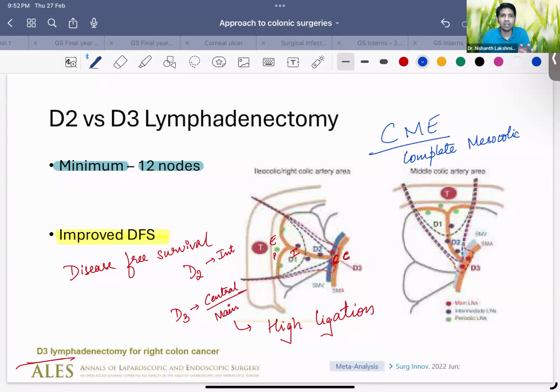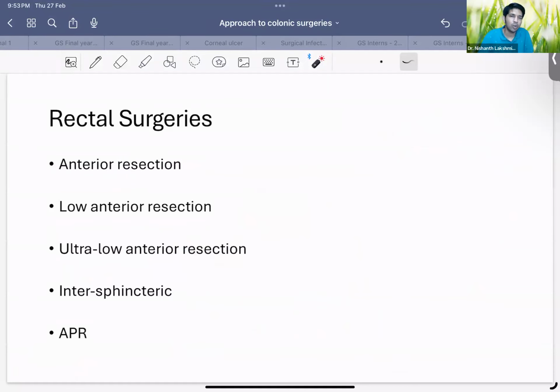Circumferential mesorectal, that is TME, total mesorectal excision. There's nothing called circumferential for the colon. That is for the rectum. For colon, they are nowadays calling it a complete mesocolic excision, because they're taking out this entire thing, right? So technically the entire mesocolon is being removed. That's why it's called CME, complete mesocolic excision. We're not talking about the rectum. They're still in colonic cancers.